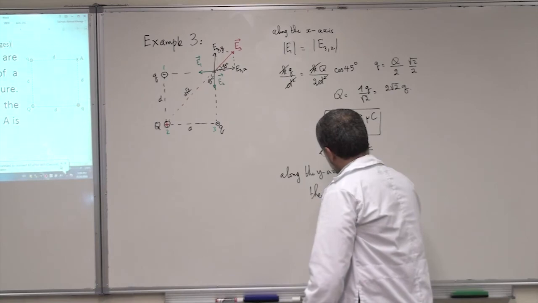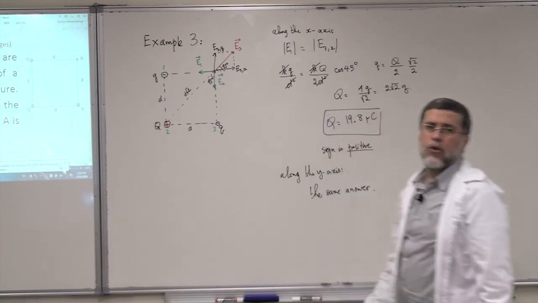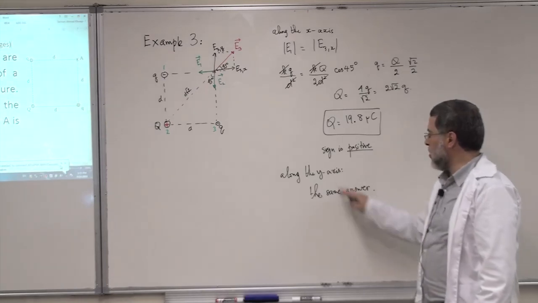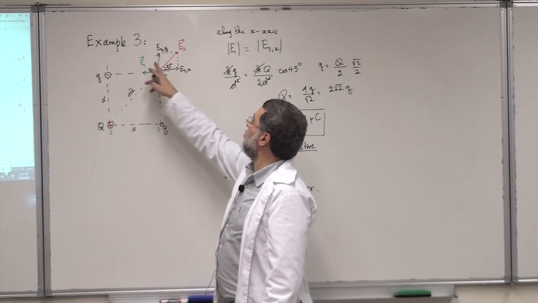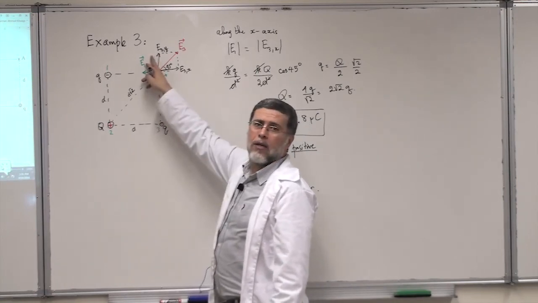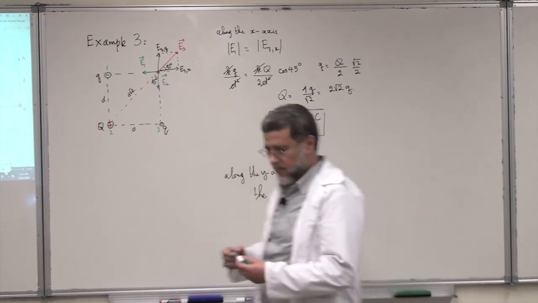The same answer, and try to do it, please, just to satisfy your curiosity. Try to do it along the y-axis. You set E2 equal to E3y, and you solve the same way, and you get the same answer. Thank you.